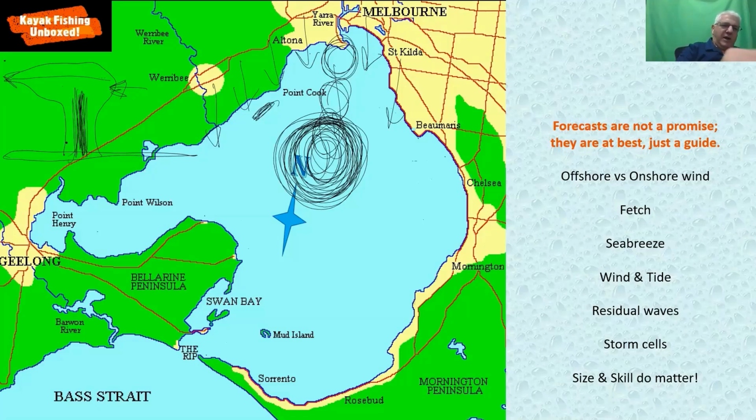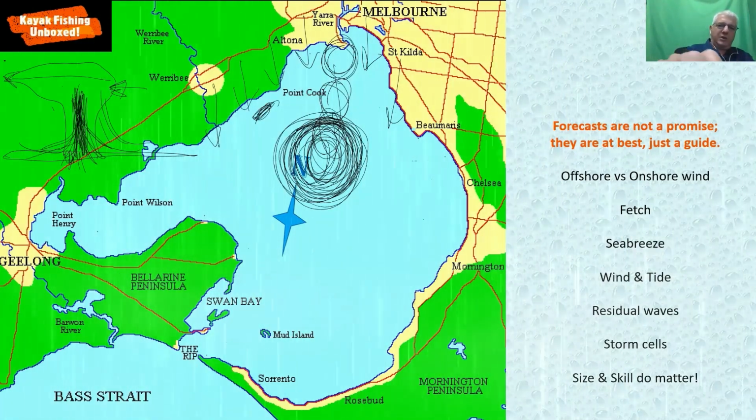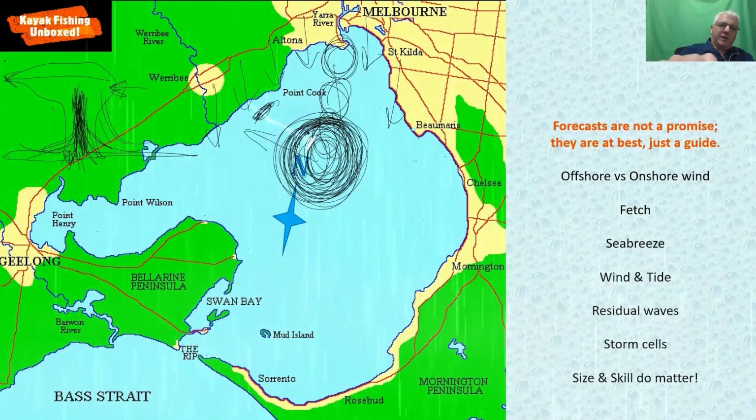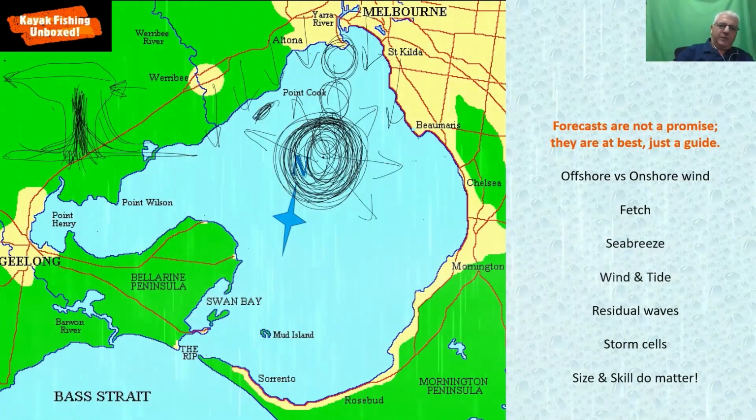As it starts raining, this cold air drags down and sucks in the hot air upwards to replace it. The rain goes straight down, but the wind hits the ground and goes sideways. So if you're sitting over here minding your own business, you watch this go past and it starts raining, all of a sudden you get this wind coming out of the storm cell all the way around it.